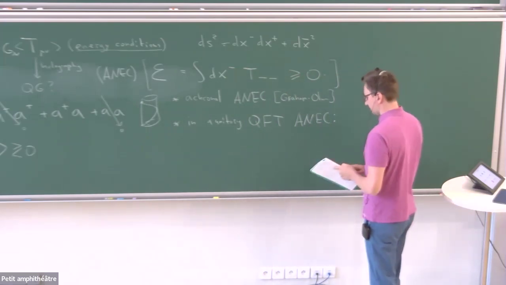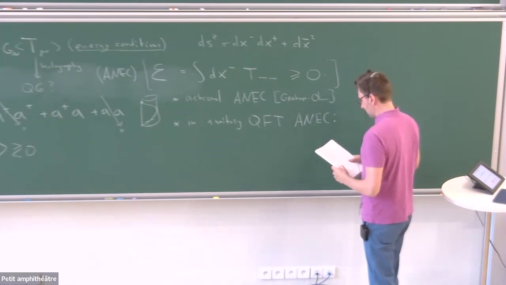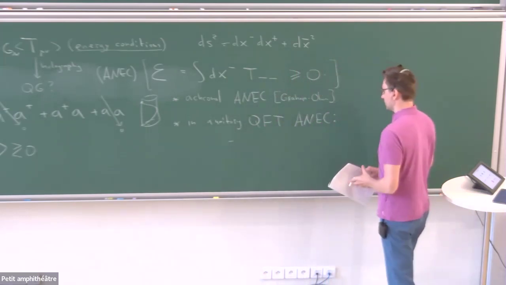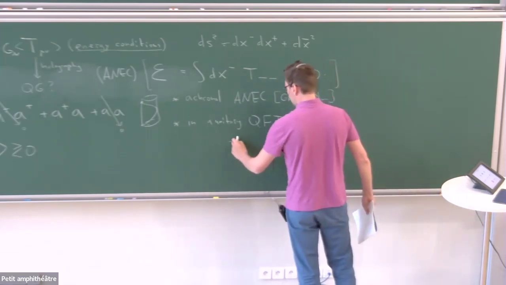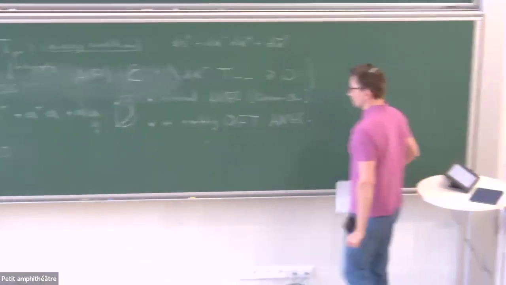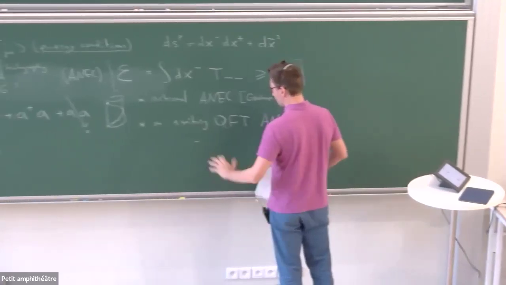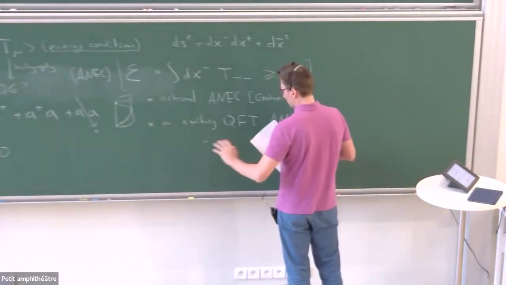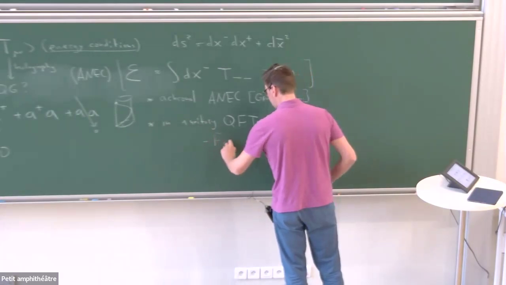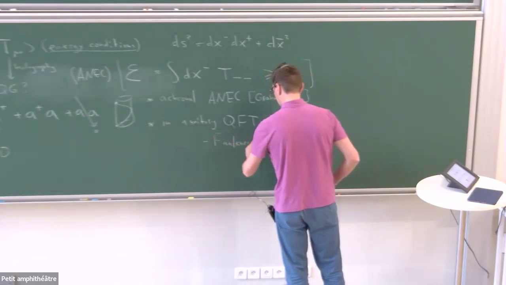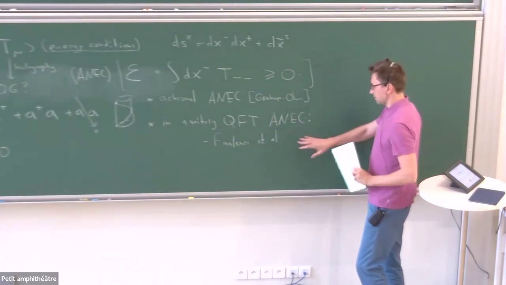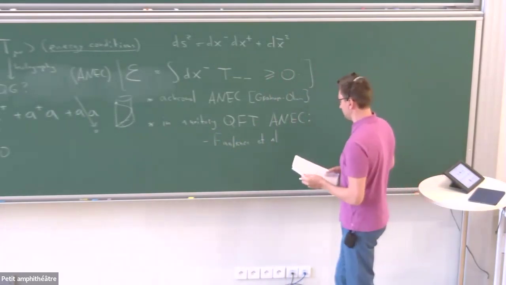So let me list some of them. One argument uses monotonicity of the modular Hamiltonian under inclusions, and it was an argument by Faulkner et al. It is based on monotonicity of relative entropy.